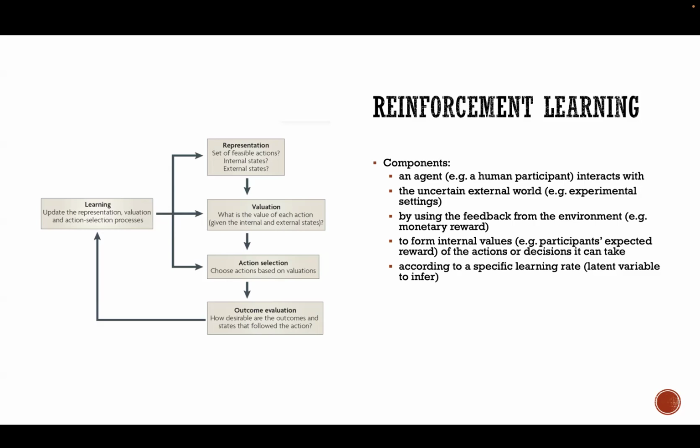The way it does that is it has this set of feasible actions. It looks at the expected value of each of these actions, if the model is complex, given the context or the sequence in which they are set up. It chooses one of these actions and acts out in the world. The action, in the simple versions of the models, gets a reward. In the more complex versions of the model, it eventually gets a reward.